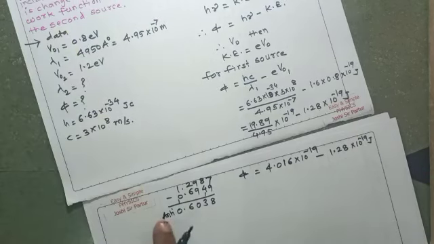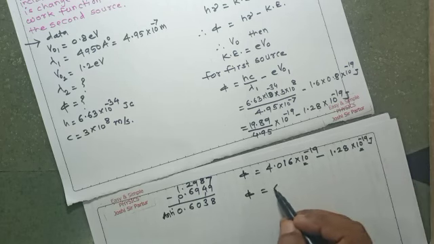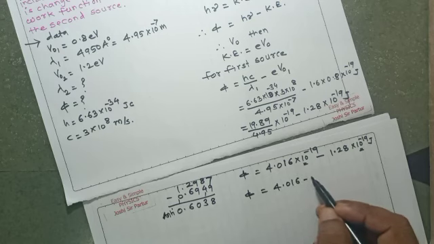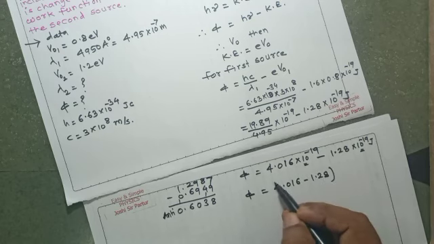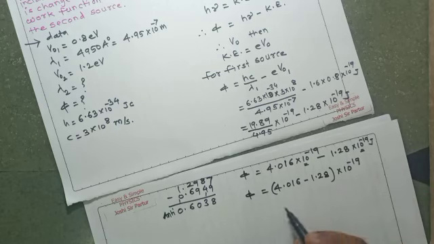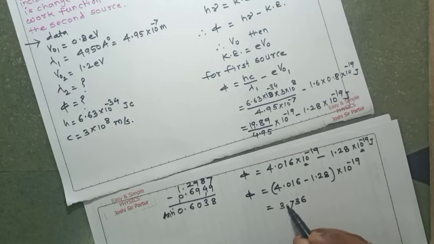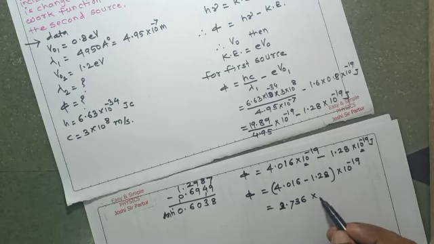So here we can take 10 raised to minus 19 common. So phi is equal to 4.016 minus 1.28 in bracket into 10 to the power minus 19. So what happened? 6 will be same, 11 minus 10 is 3, and 7, so 2.736 into 10 to the power minus 19 joule.